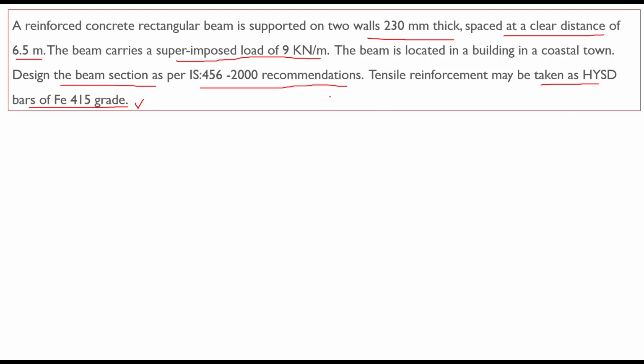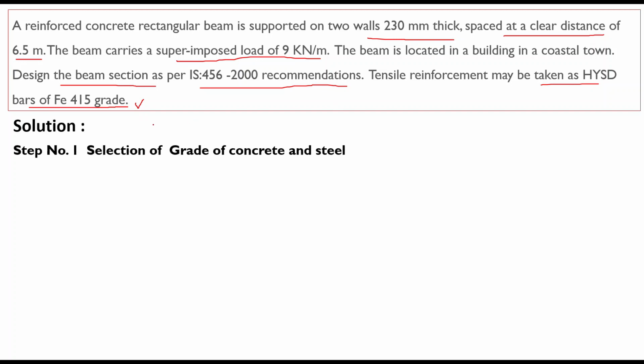As well, a very interesting part is that in this statement no grade of concrete is mentioned. So that means we have to assume the grade of concrete and the diameter of tensile reinforcement, and we have to work out the width and depth of the section. Now, how to assume or decide various information which is not available in the design problem? Let us go through step by step.